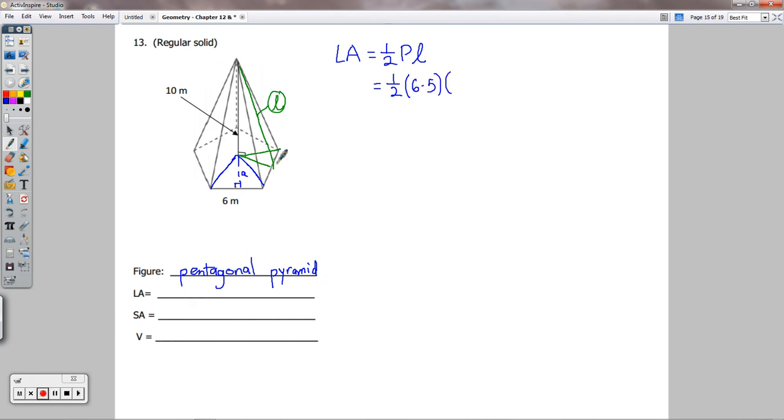To figure out the slant height, I would need to know the apothem. And so I'm going to have to figure that out. So it looks like this is 6. I could assume that this is 6 all the way from here to here. And that means I could say that this is 3 and this is 3 right there. So let's draw this triangle off to the side.